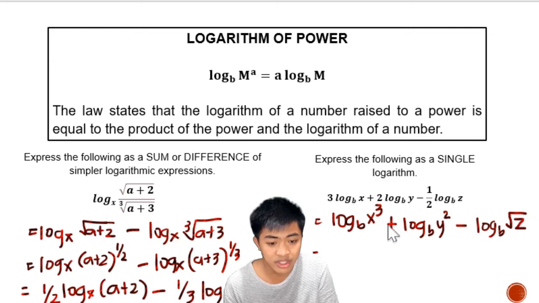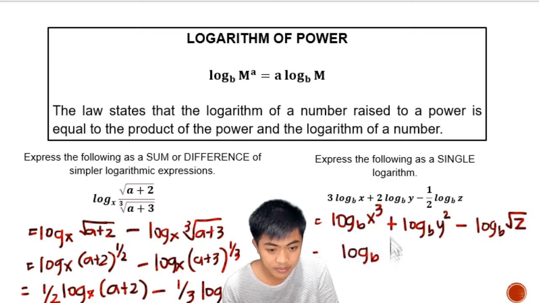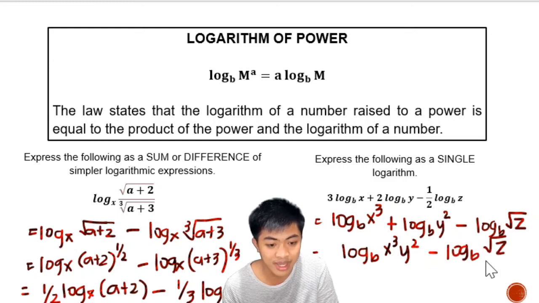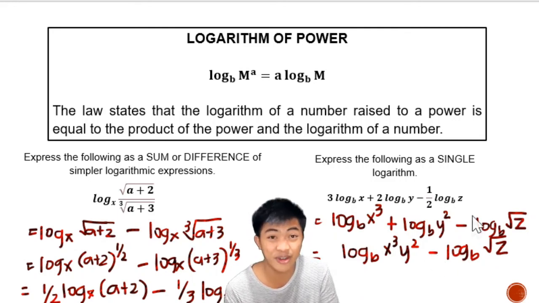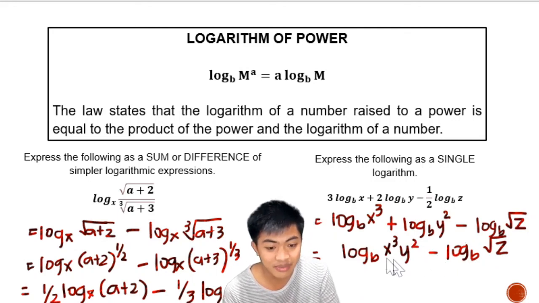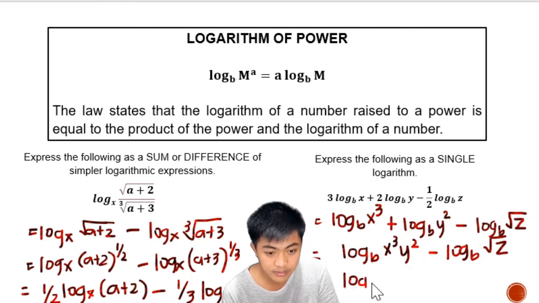Now, since we have here addition, we can multiply the arguments. So that is x cubed times y squared. We still have minus logarithm square root of z to the base b. Since that is minus, that calls for a fraction, and this will be the dividend and this will be the divisor.